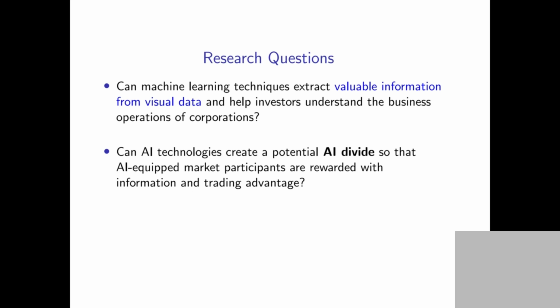What does AI divide mean? AI divide means with the rising of AI, I'm using AI, you are not using AI. And that's AI divide, because in that case, someone gets benefit from the technology. Someone is behind the game for the technology. That's AI divide.